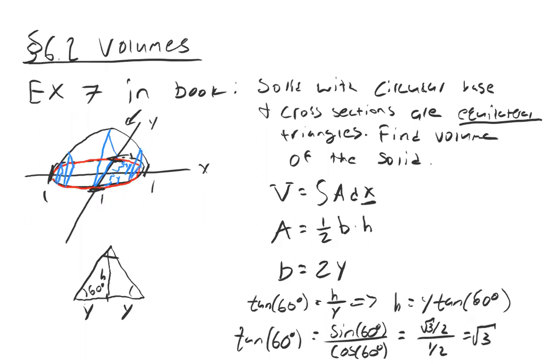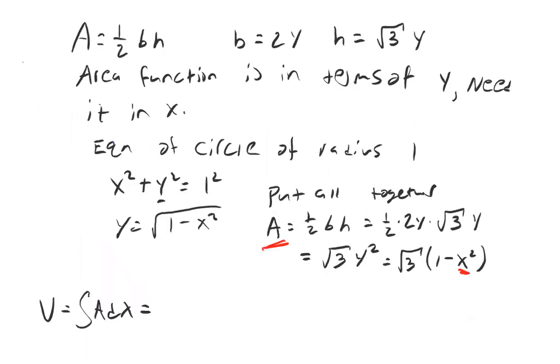Sorry, these are negatives, so this is -1. So from -1 to 1 in this case. That gives me bounds on my integral. And now I get the integral of square root of 3 times 1 minus x squared dx from -1 to 1.